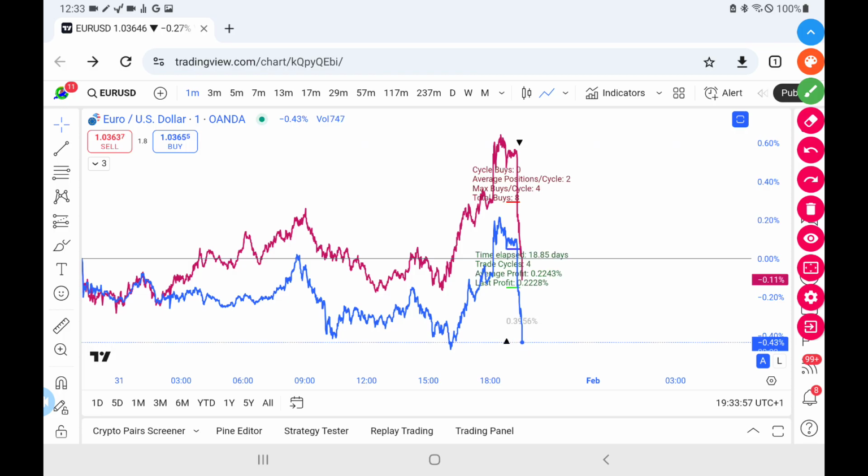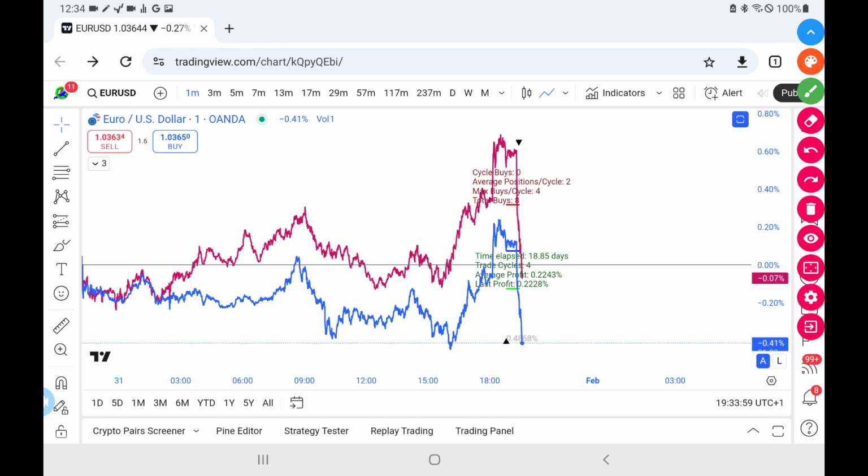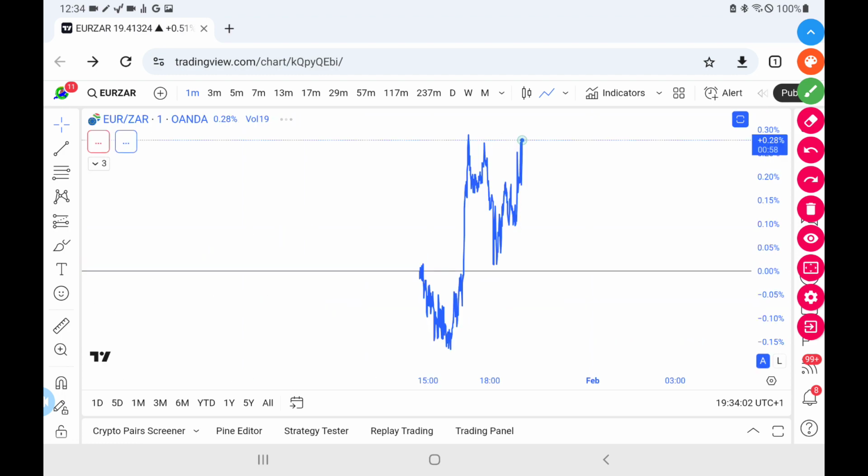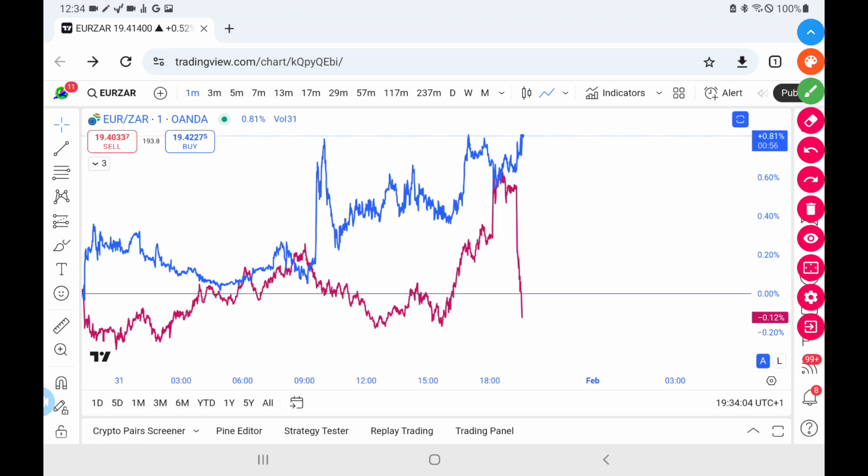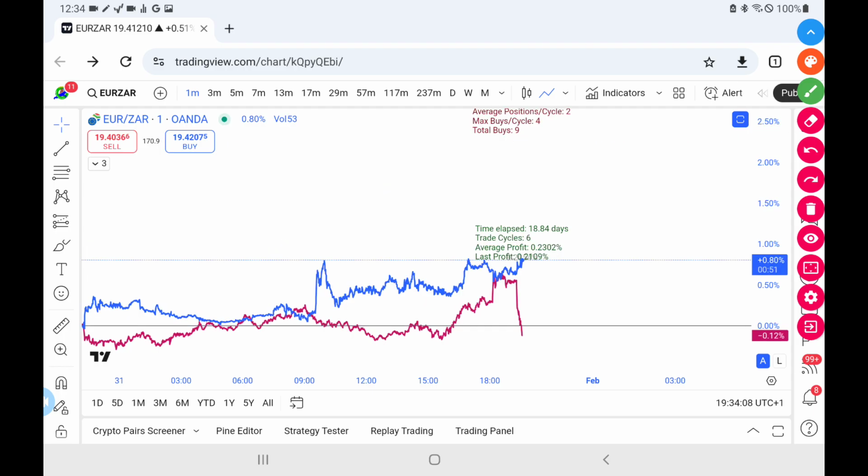Of course, Euro USD is also very correlated. Euro ZAR is inversely correlated, but the spread is obscenely high, comparatively speaking, to Australian USD.